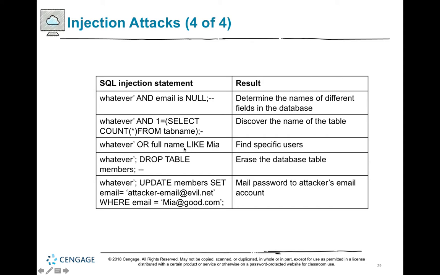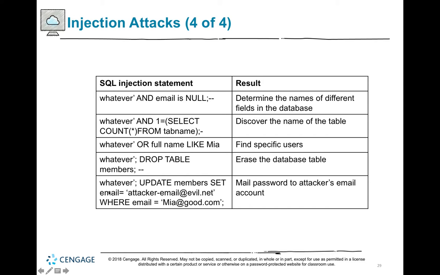Or full name like Mia. Like is a SQL command that will try to match on similar. It's kind of like a search. Whatever, let's see, so drop table. You can kind of imagine what that's going to do. Drop table is going to destroy the table.